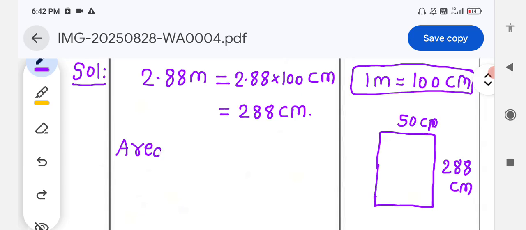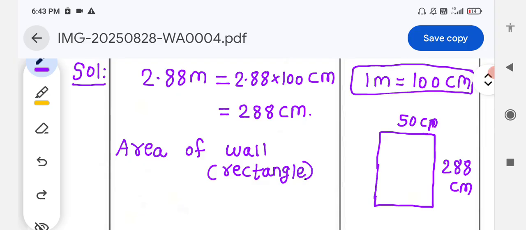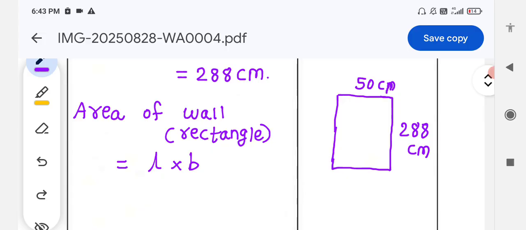Area of this wall. You can clearly see this wall is in the shape of a rectangle. So what is the formula for the area of a rectangle? The formula is length into breadth. In general we consider the length as the longest side and breadth as the smaller one.